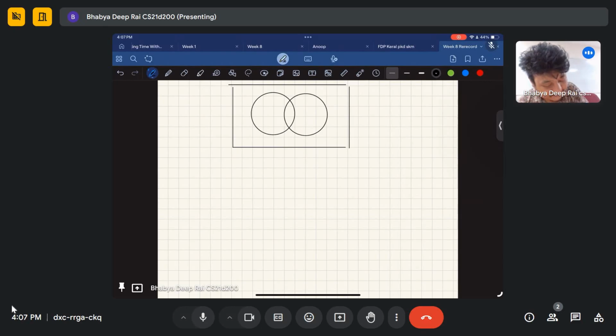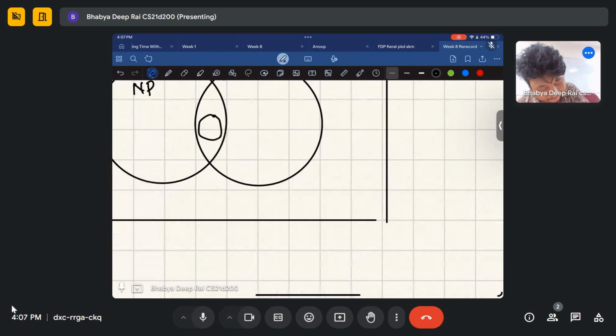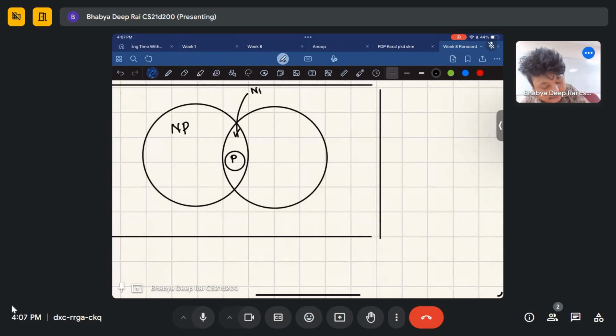So this is NP. Well, NP contains P. And this is NP intersection coNP, and this is coNP.